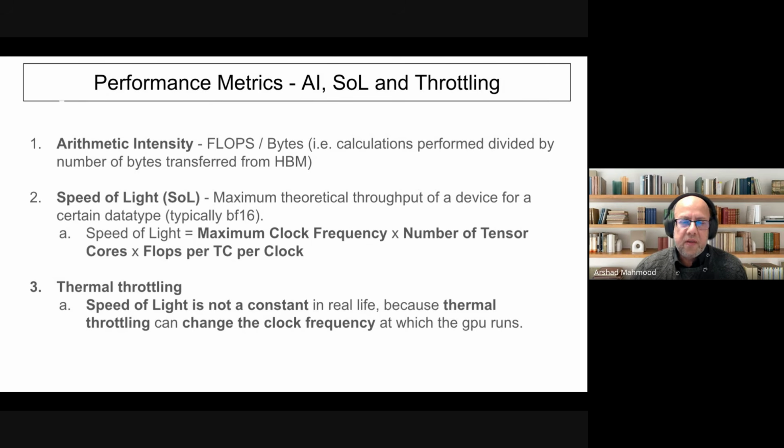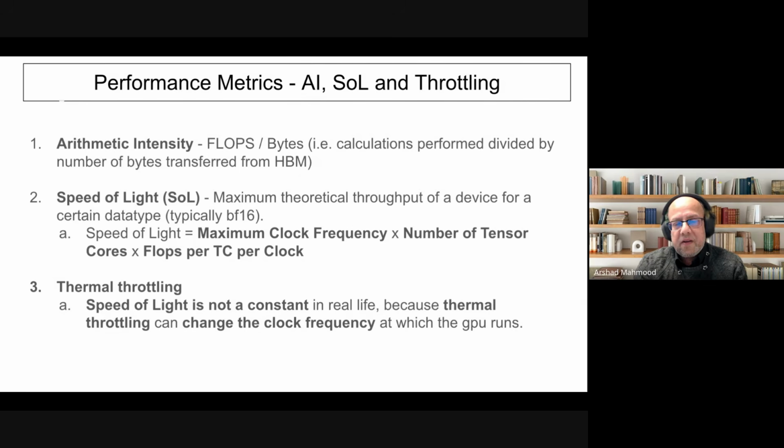Because we know how many floating point operations per clock it is capable of. So essentially, speed of light is the maximum possible throughput for a device. You can then see, okay, I need to do m times n calculations. How close am I to the maximum speed of light? For some people, I managed to get within 10% of speed of light. So you're really using as much power as the GPU is possibly capable of.